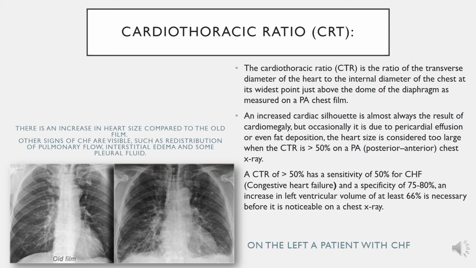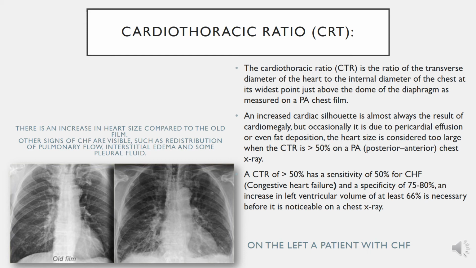The cardiothoracic ratio is the ratio of the transverse diameter of the heart to the internal diameter of the chest at its widest point just above the dome of the diaphragm, as measured on the posterior anterior chest film. An increased cardiac silhouette is almost always the result of cardiomegaly, but occasionally it's due to pericardial effusion or even fat deposition.